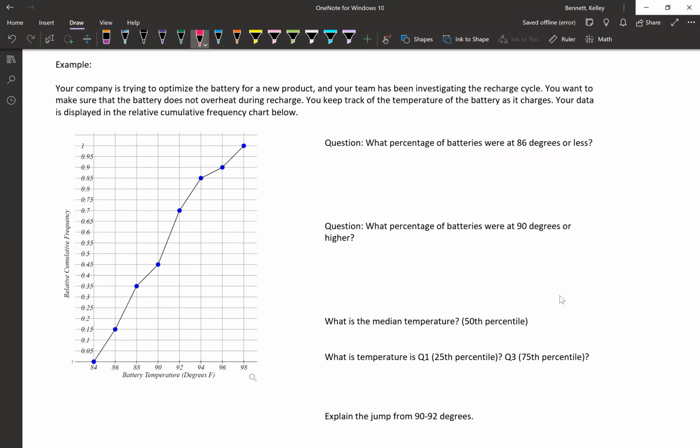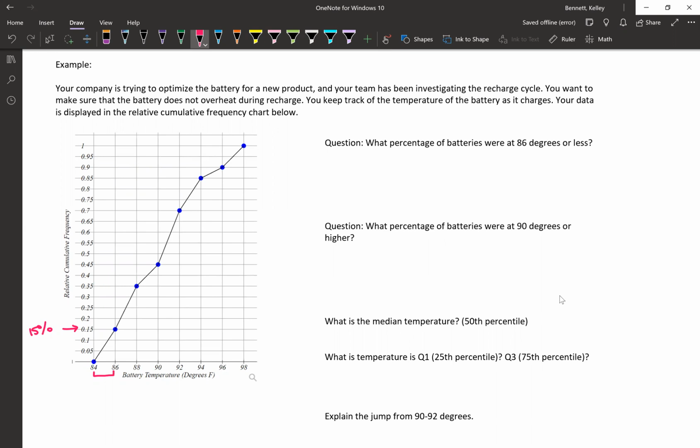So between temperatures 84 and 86, that's going to account for 15% of all the batteries observed.